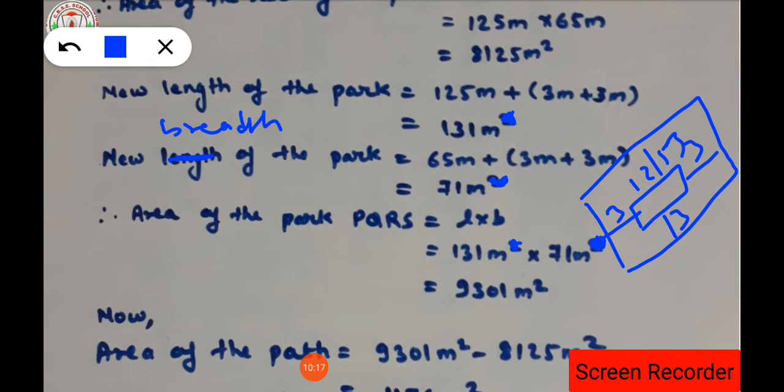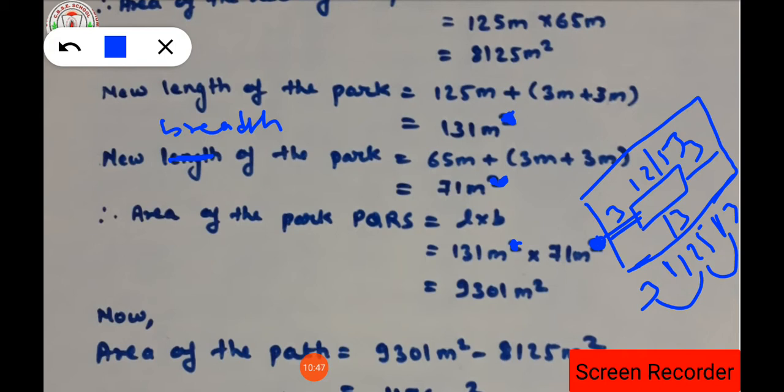So these 3s will be added with 125, and only then will we get the length of the park including the road. That's why the length of the park including the road is 125 meter plus 3 meter plus 3 meter.